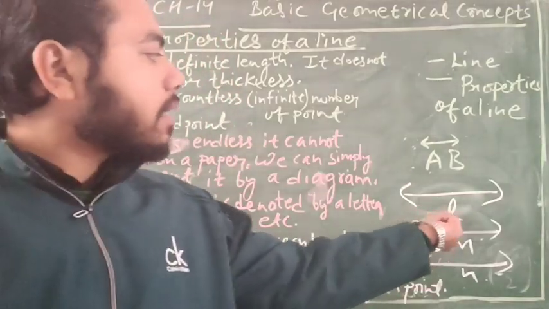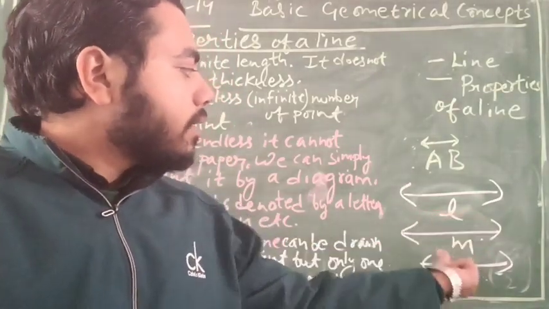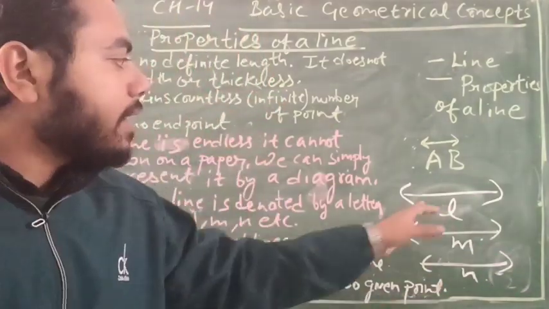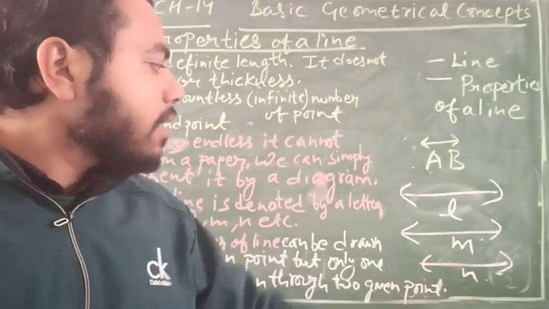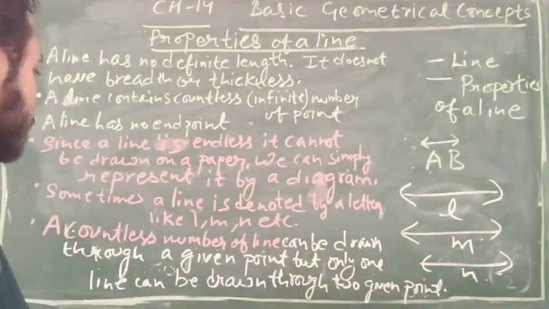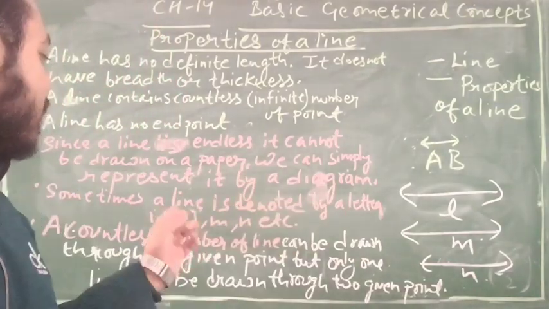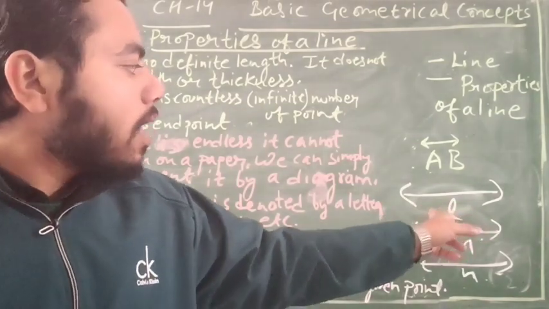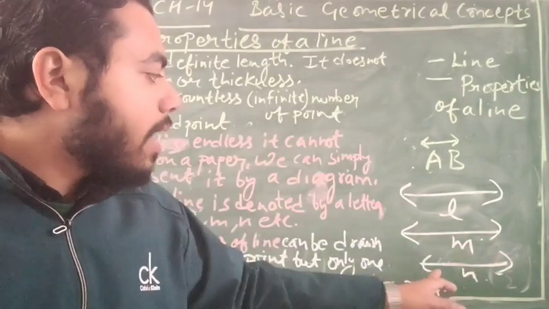You can say that the line is line L, line M, line N. Sometimes a line is denoted by a letter like L, M, N, so you represent it by line L, line M, line N.